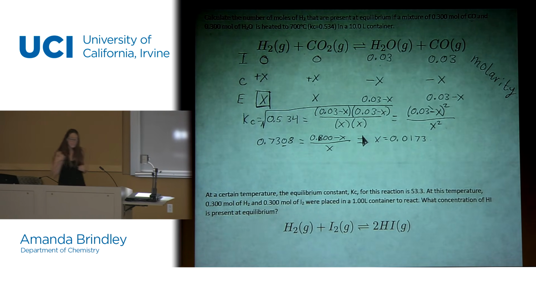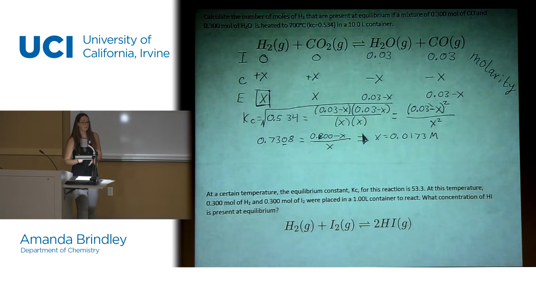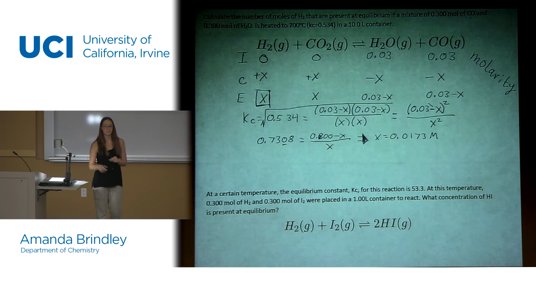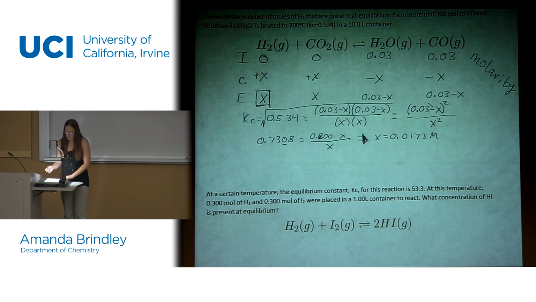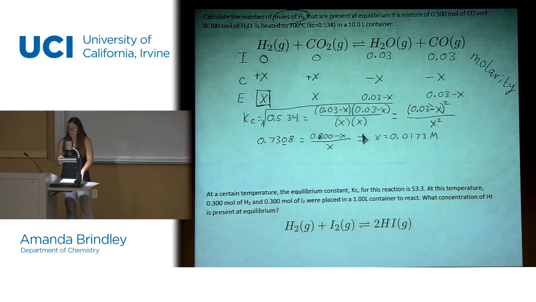Okay, so is this the value that we want? Now, the big key to making sure you get questions right a lot of times, if you already know what you're doing, is making sure, did you actually answer the question? What are we actually trying to figure out? Moles of H2. So what do we have to do with this number?